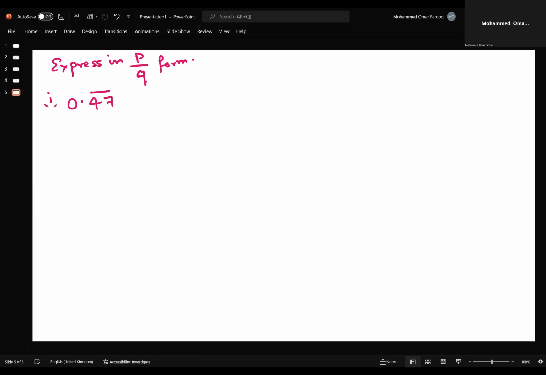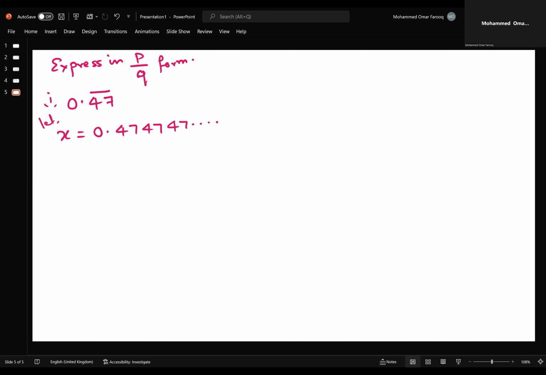So how can you write that number? The first step is to take x equal to 0.47 bar, that is 0.474747 and so on. Take it as the first equation.